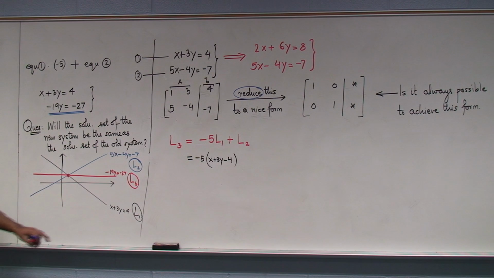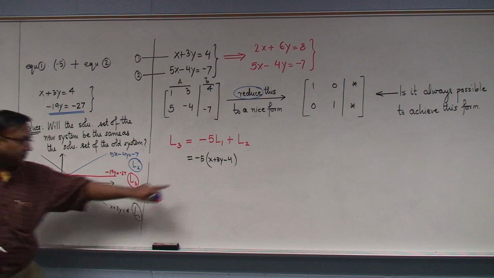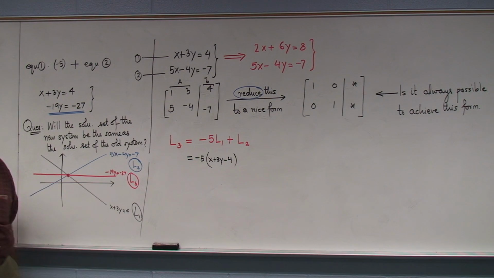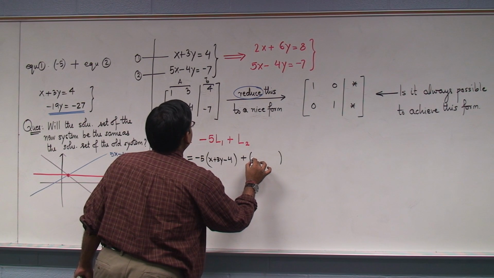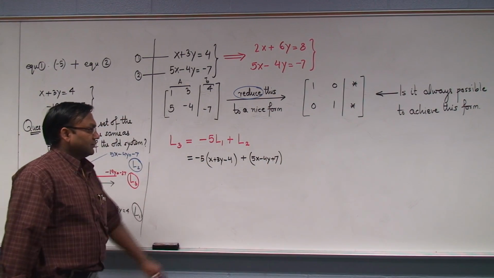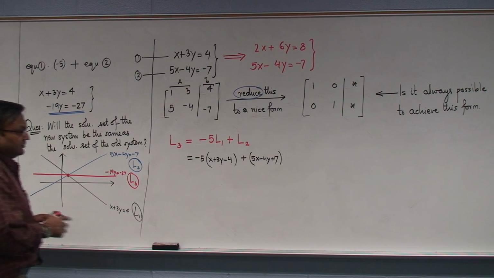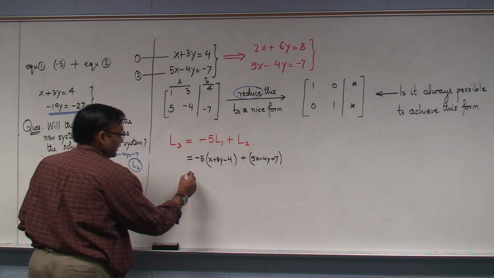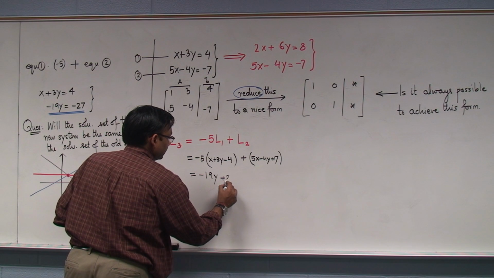If you look at this expression, this is the expression which will help us represent the line L1, and whenever this expression is 0, that means we are on line L1. Likewise, if we talk about this expression, 5x minus 4y plus 7, whenever this is 0, it will represent line L2, and whenever it is not 0, it is not representing the points on line L2. But if you combine these, can we say that we are going to get minus 19y plus 27.